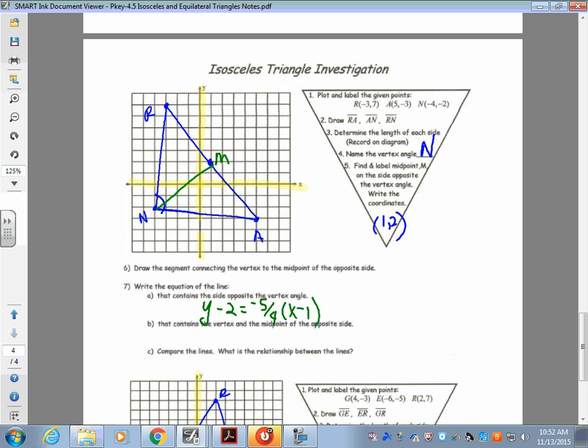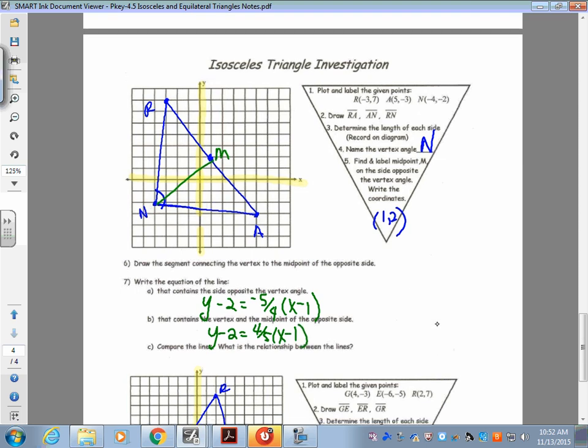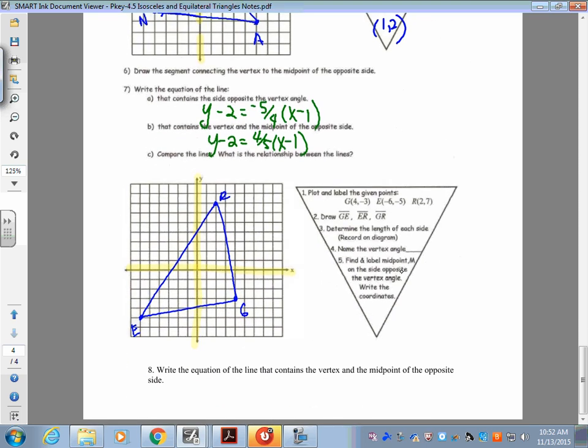And then it's going to be perpendicular, so opposite reciprocal: positive 4/5, x minus 1. And then what was the vertex on the last graph? Hopefully G, and then you should have had negative 2, 1 for the midpoint.